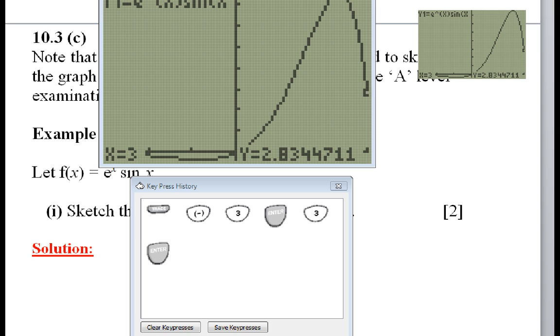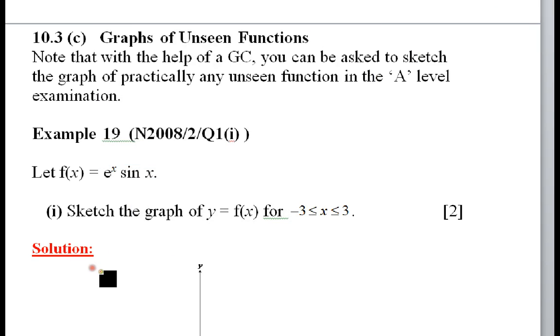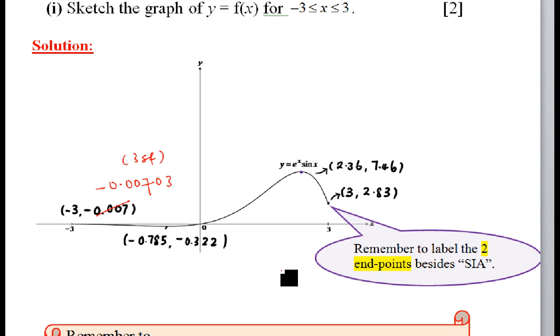Follow? Can? So then you can get all these things by yourself. Not forgetting that X is 0, Y is 0. It should pass through the equation. The sine 0 is 0. No problem. Okay? Questions? Good?